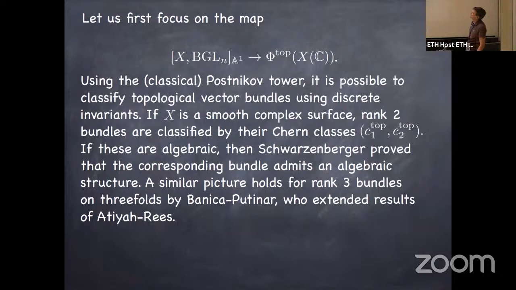So, yeah, we first focus on the right map. So from Motivic vector bundles to actual vector bundles. And we note first that it's the same way to construct elements on the left or on the right. So on the left, you use this Motivic Moore-Postnikov tower, and on the right, you use the actual topological Moore-Postnikov tower.